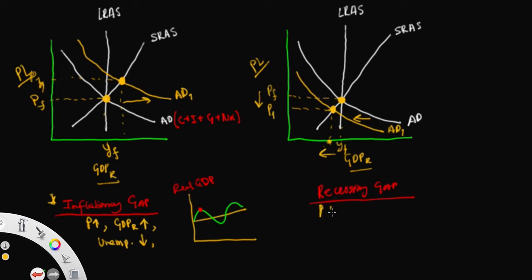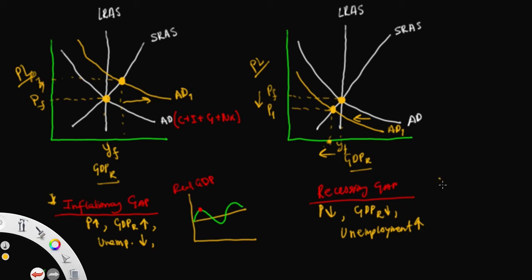So there will be a decrease in price level and a decrease in real GDP, which would lead to an increase in unemployment, because GDP and unemployment have an inverse relationship. So if you're producing less, there's probably going to be lower employment, so higher unemployment. More people will be unemployed.